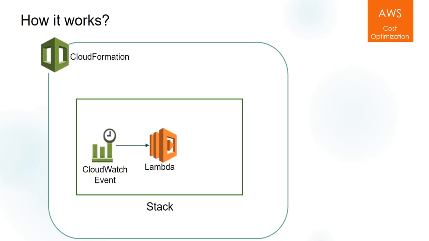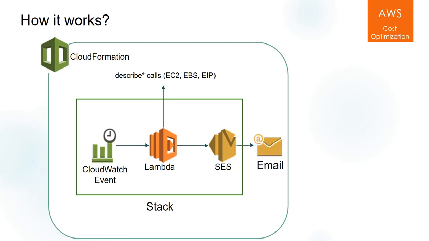What it does essentially is fire a lot of API calls to AWS to get the inventory of your EC2 instances across regions, and the inventory of EBS disks and elastic IPs, and it will consolidate all this data into an HTML report. Once it builds the report, it will send that report to you using Amazon Simple Email Service, SES, and ultimately this email will land in your inbox. That means daily you will get the report.